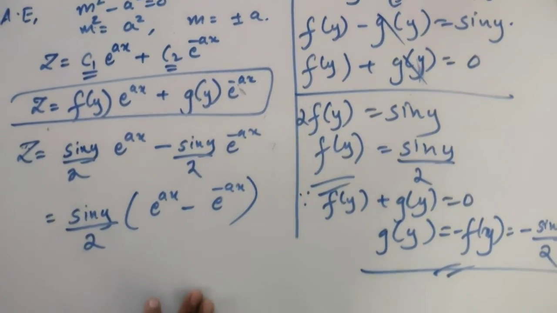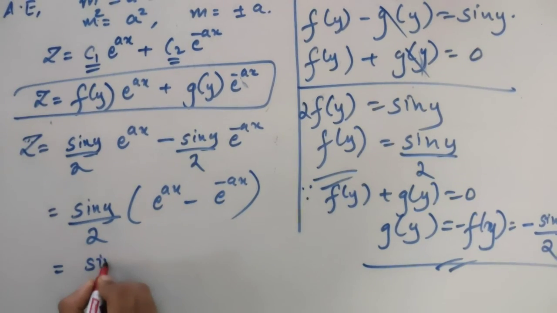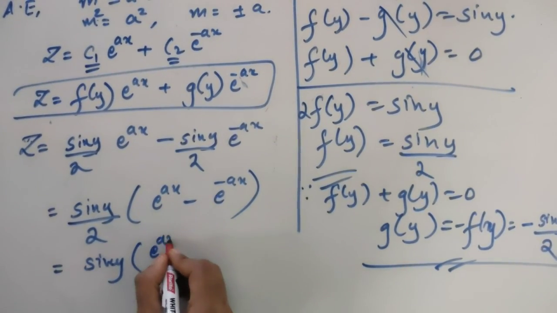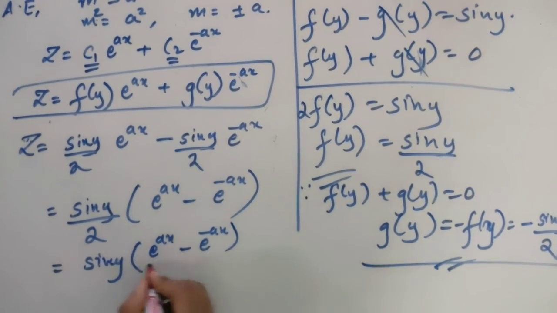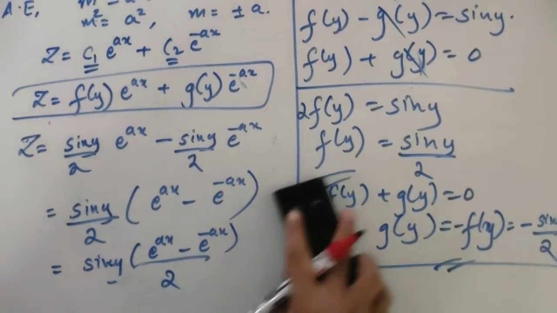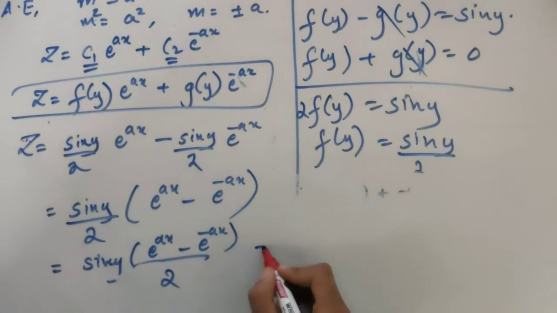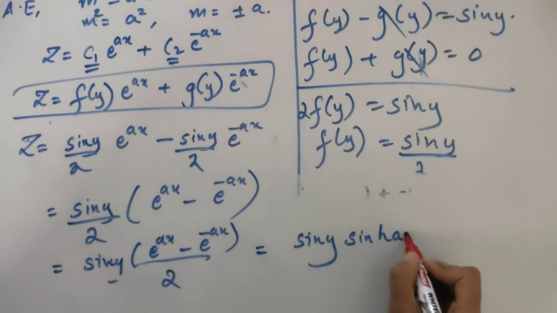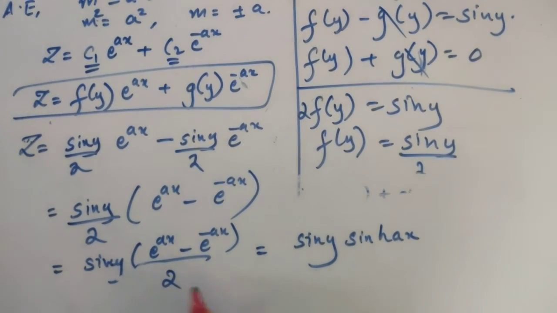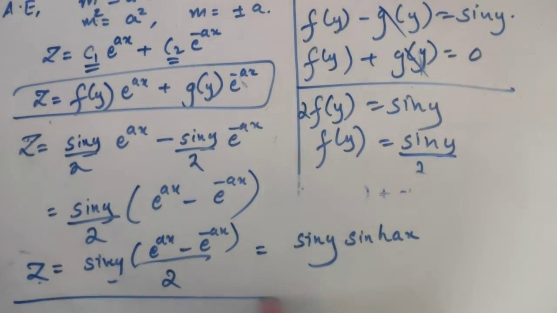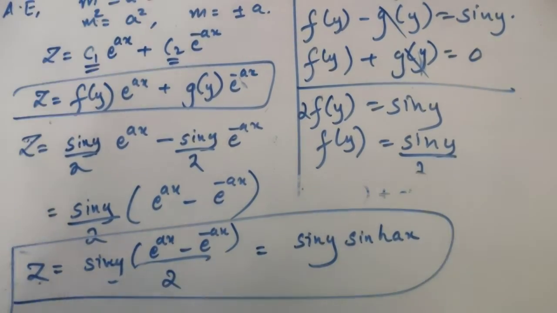Or you can further write it as sine y and e to the power ax minus e to the power minus ax divided by 2, which can be written as sine y into sine hyperbolic ax. So this is your value for z, the required z. This is the solution. I hope this is clear to all of you.